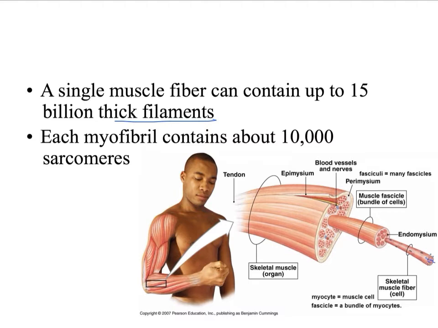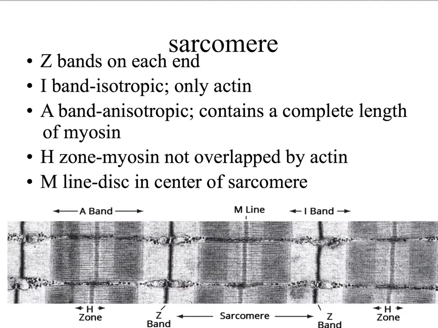So what we're going to be looking at is going to be on a very, very tiny scale. It's important that you know that a sarcomere is the functional unit of muscle tissue.